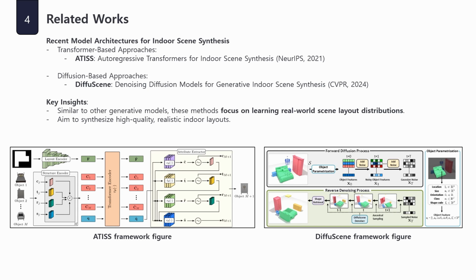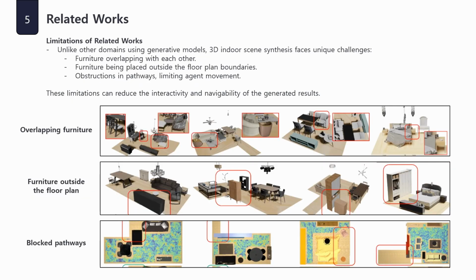This is highly similar to the training approach used in generative models for other domains, allowing the synthesis of realistic and high-quality scenes. However, unlike other domains that utilize generative models, 3D indoor scene synthesis faces limitations when merely synthesizing scene layouts that resemble reality.